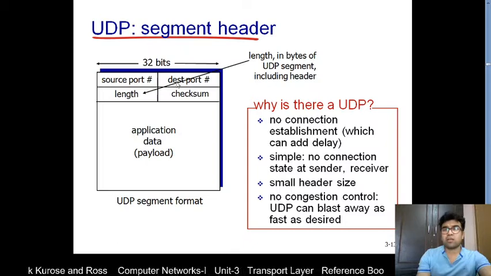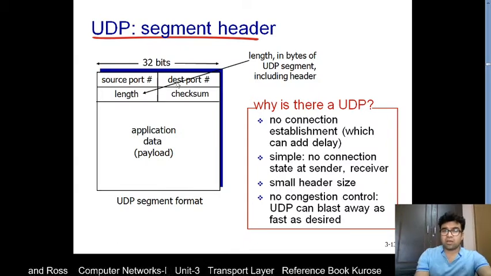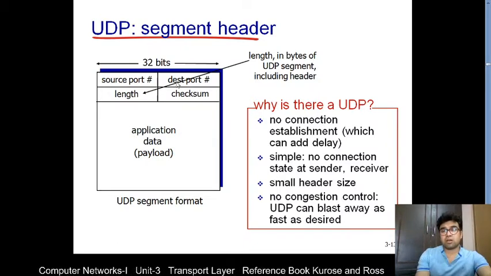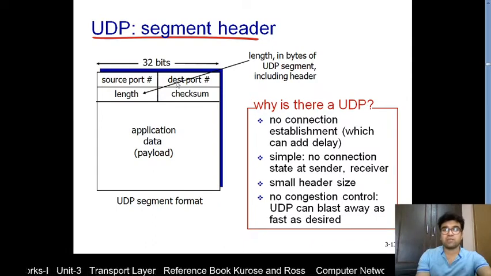As we discussed in the last lecture, port numbers are divided into three categories. The first category is well-known port numbers, starting from 0 to 1023.